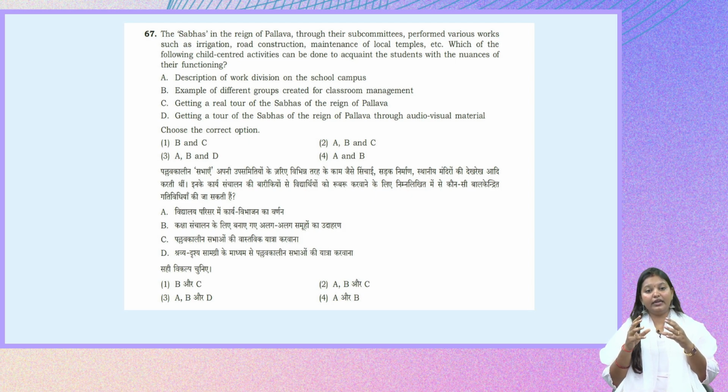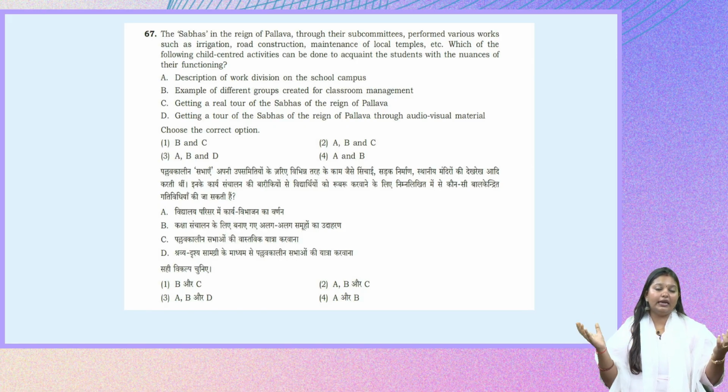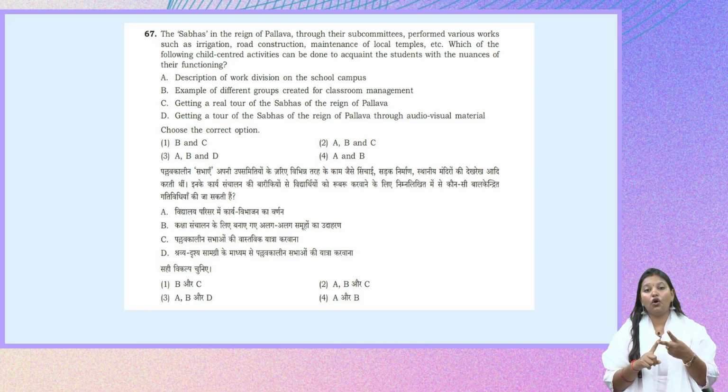Here they have tried to include the pedagogy and the content together. There is content from history and also the pedagogical aspects of teaching and learning of social science. Now let us look at the 4 statements in front of us. Description of work division on the school campus.